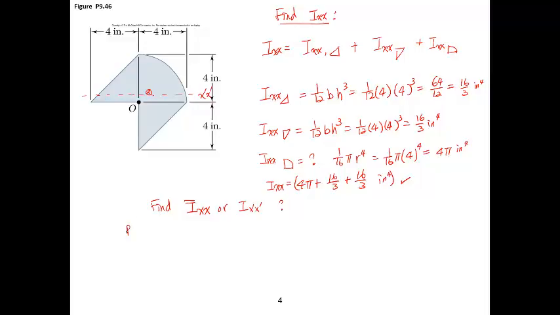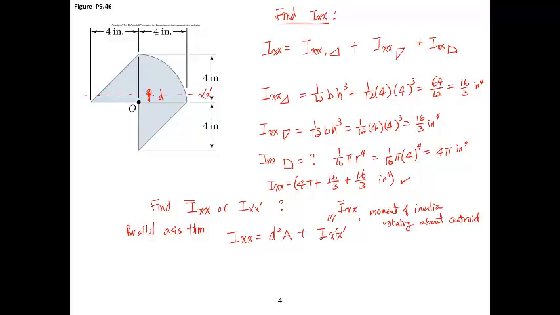Well, according to the parallel axis theorem, my Ixx is equal to this distance d plus x prime. Or this is equivalent. Some other books will use I bar x. This simply means this is the moment of inertia rotating about the centroid.